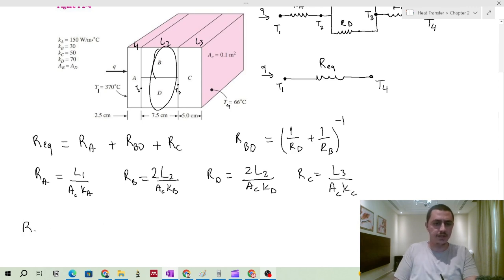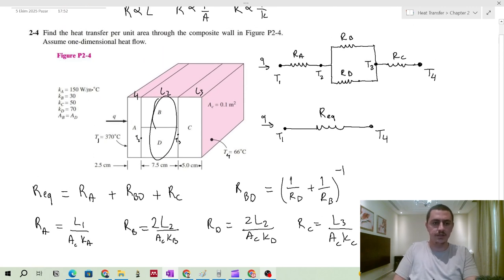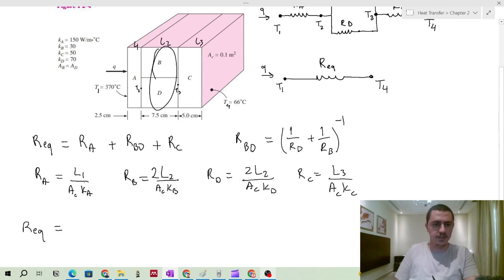So let's find R equivalent. Let's put the values in meters and in watts per meter degrees Celsius to find the overall resistance. L1 is 2.5 centimeters, so convert it to meters, over 0.1 meter squared. We can take 0.1 as a common factor.